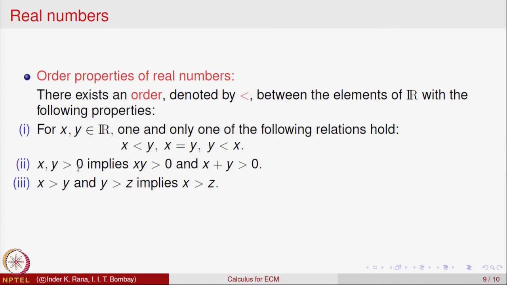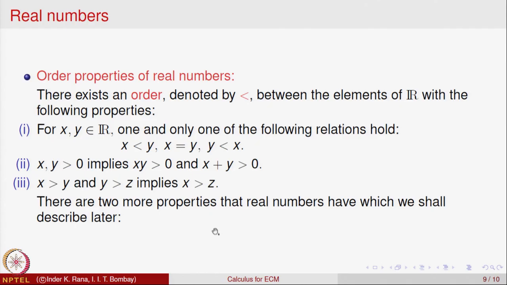So the property says that the sum of positive elements is positive, and the product of positive elements is also positive. And finally, there is a law of transitivity that says that if x is bigger than y and y is bigger than z, then x is bigger than z.